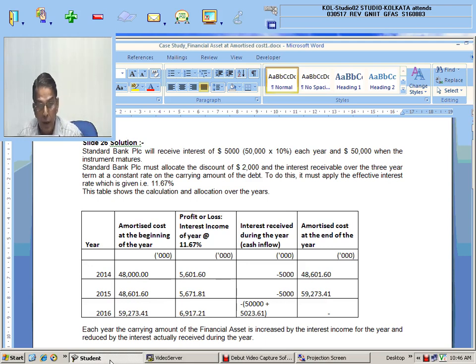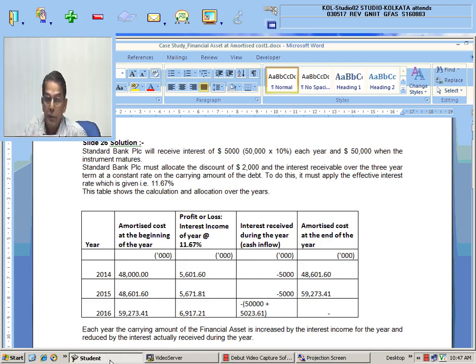the amortized cost will become 54,273.41. That calculation has been shown wrongly. 54,276.41. There is a mistake of 5,000 here. Okay.